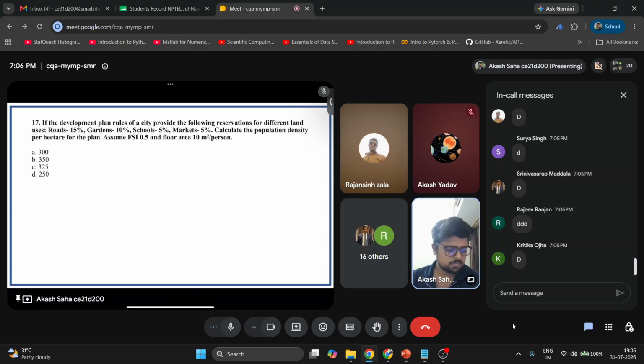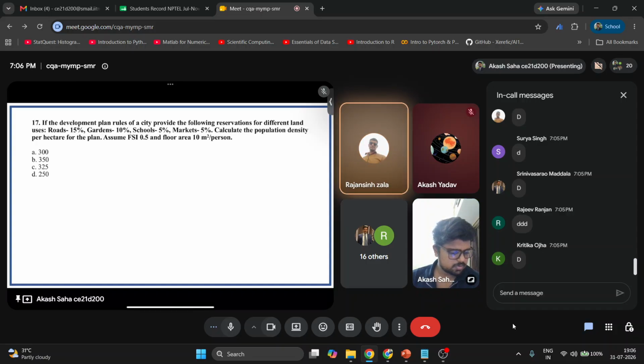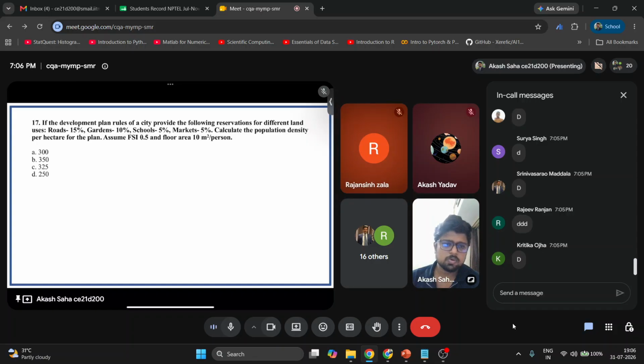500, no, 250. No, please check your calculation once again. I hope you are aware in 1 hectare how much meter square are there.